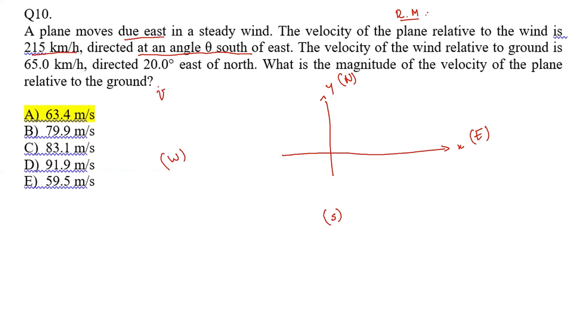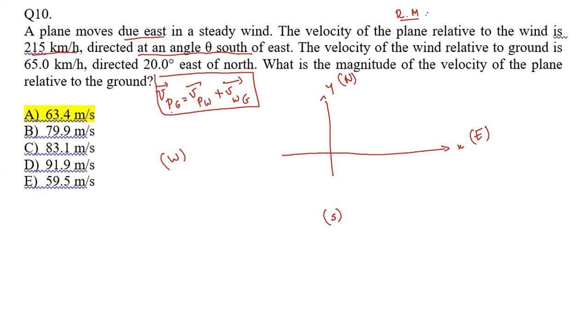So you know that the velocity of the plane relative to the ground is equal to the velocity of the plane relative to the wind plus the velocity of the wind relative to the ground. Relative velocity: Pg is equal to Pw plus Wg. This is a fundamental relationship that I showed already in class.